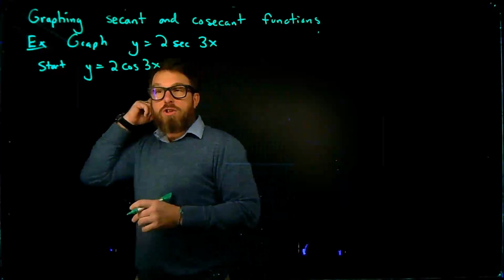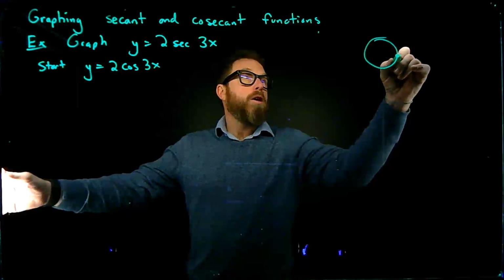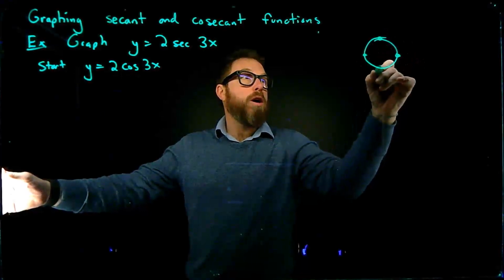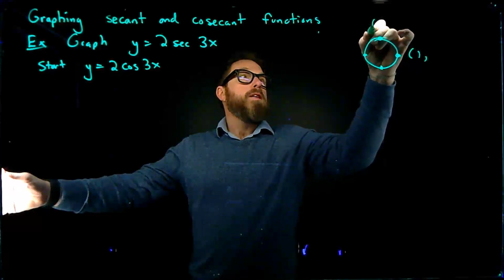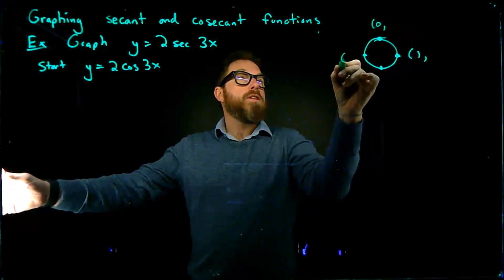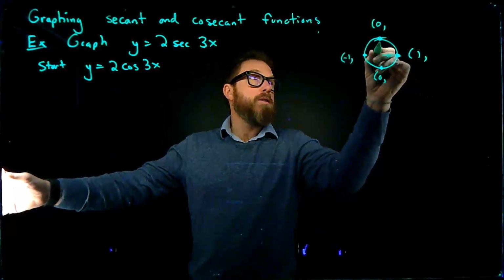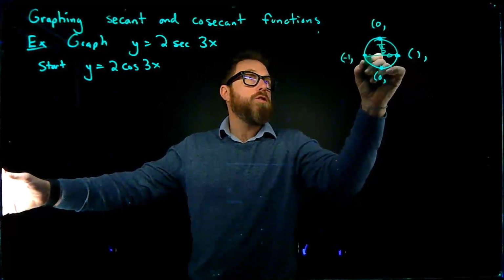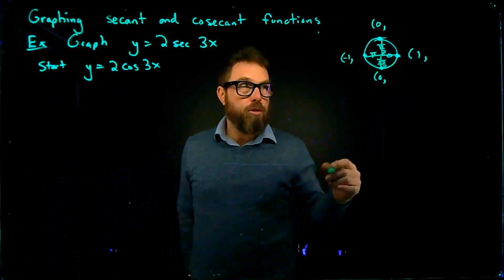So what I know is, going through our unit circle, we look at our key points being our quadrantal angles. So, the cosine being the x coordinates of this thing. And then, of course, back to this. So this is going to be angle 0. We have angle pi over 2, angle pi, angle 3 pi over 2, and then back to 2 pi.